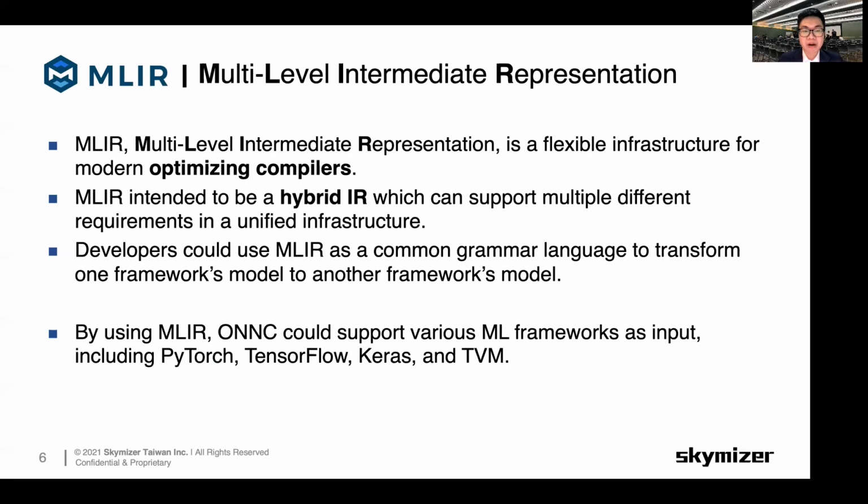By using MLIR, ONC could support various machine learning frameworks as input, including PyTorch, TensorFlow, Keras, and TVM. So I think you have a basic idea about ONC, TinyONC, and MLIR.